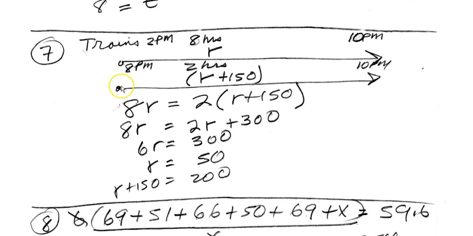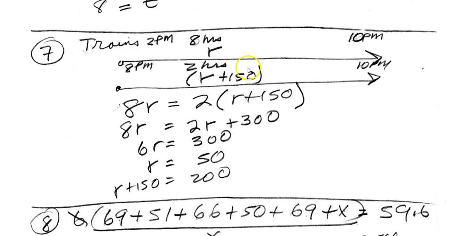For number 7, we had 2 trains going in the same direction. One leaves at 2 p.m., arrives at 10. The other leaves at 8 p.m., arrives at 10. So this was 8 hours at a certain rate. The other was 2 hours at a faster rate.